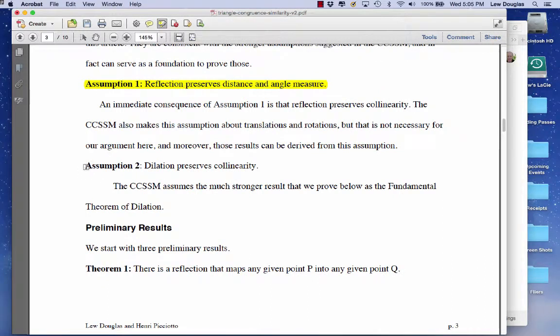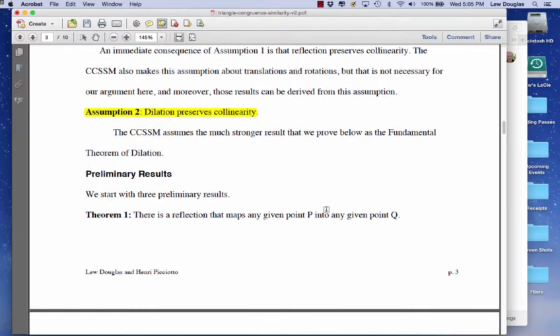We are also going to assume that dilation preserves collinearity. That is, if three points are on a line and you map those under a dilation, the image points will also be on a line. And that is an example of a relationship that is preserved, not a measurement. Collinearity is a relationship.